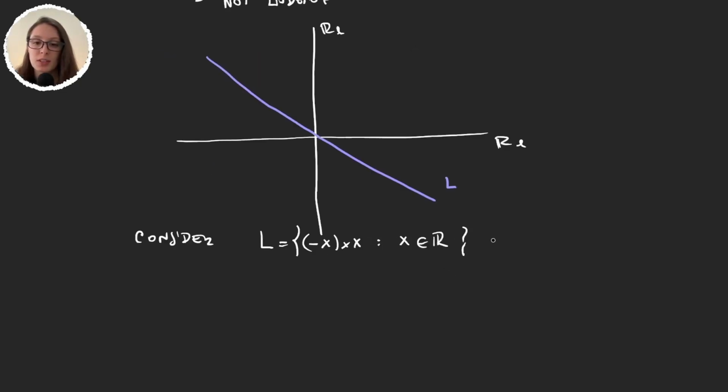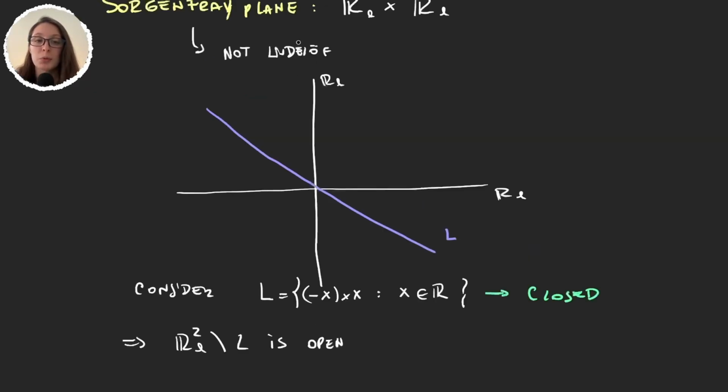Well, it's easy to see that this set is closed. That implies that RL squared minus L is open. Now, to prove that this set is not Lindelöf, we would have to find a covering for which there is no countable subcollection that also covers the set.